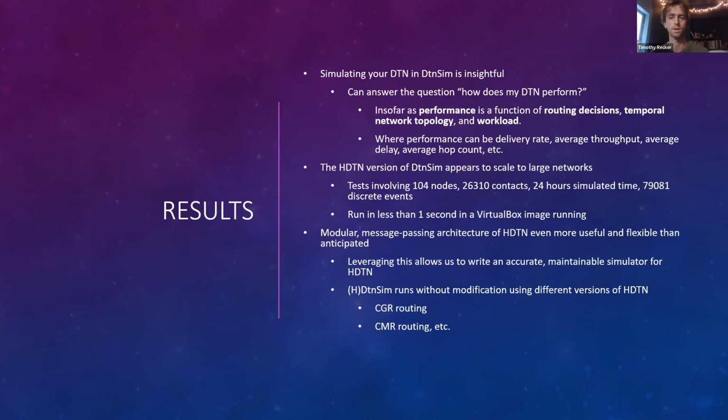I won't claim that it can encapsulate every aspect of performance, but some of them it's quite useful for analyzing. It appears at first glance to scale pretty well to large network simulations. We've been able to run tests on the order of 100 nodes, tens of thousands of contacts, 24 hours of simulated time, in less than a second on my personal laptop. There's a lot more analysis and testing to be done, but the initial results are promising.